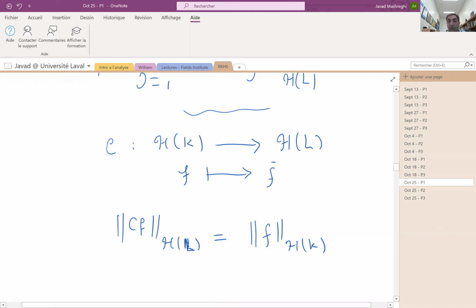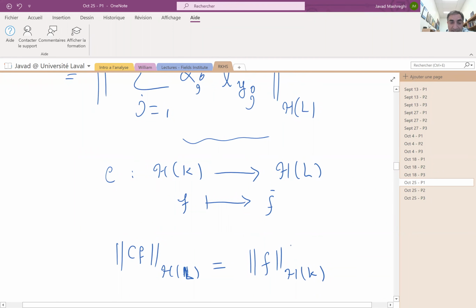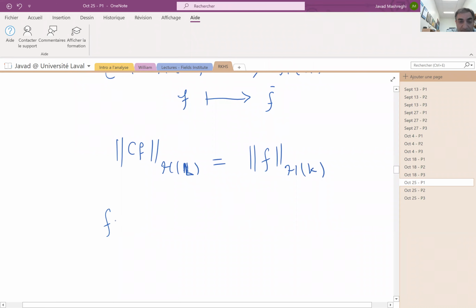I did not do it for all elements, but I'm not far from the end, because what I proved here is that this is true for all F of the form sum alpha j k yj.